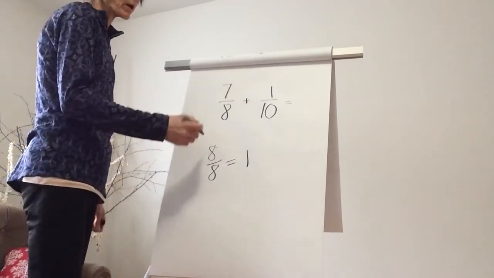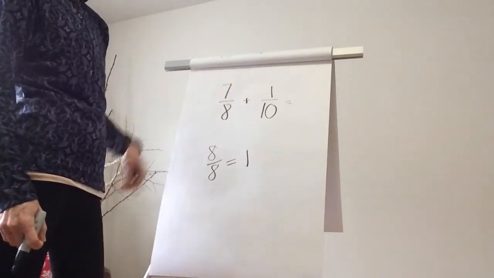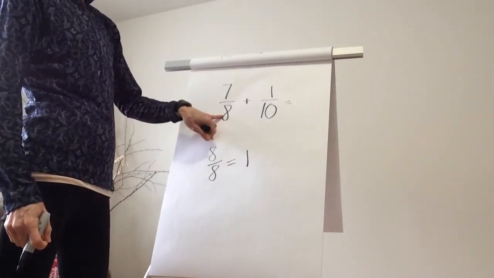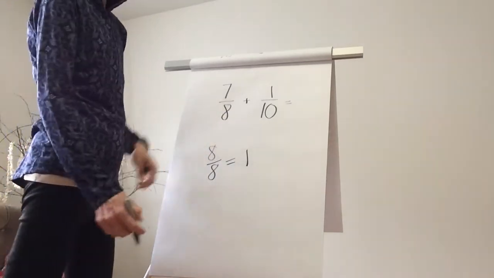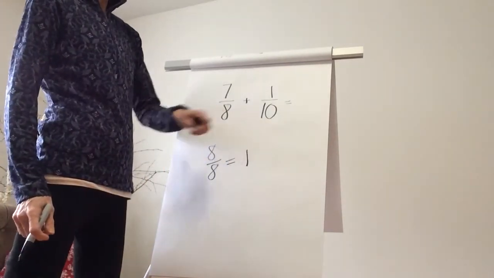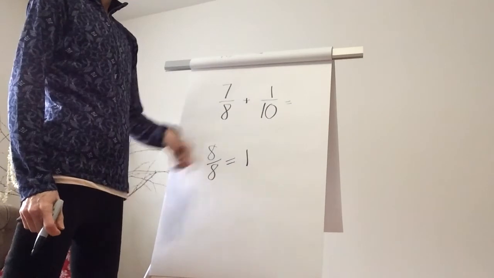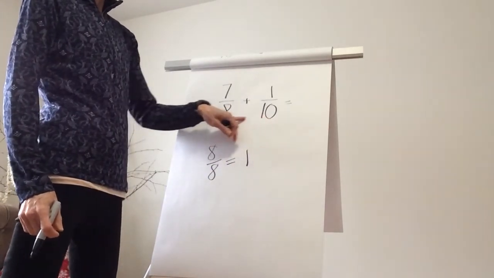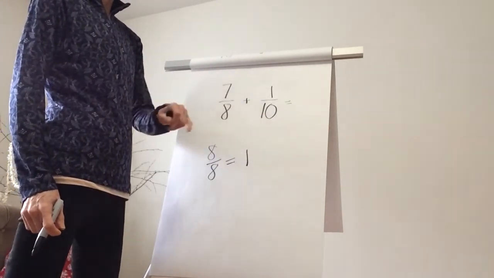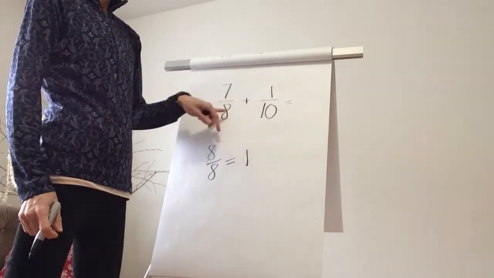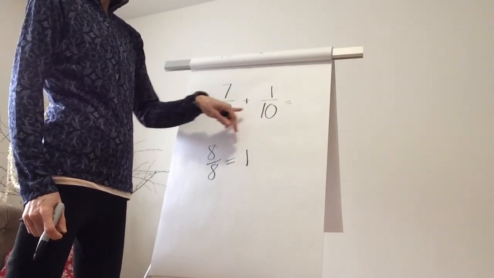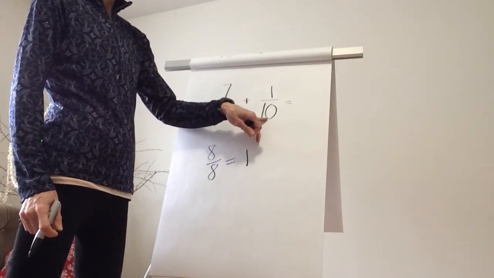We know that from our last lesson in class. So this is only 1/8 away, okay? So 1/8. And 1/8 is larger than 1/10, isn't it? So it's going to be close to 1, but not quite 1, isn't it? Because we know that we need 1/8 to get the 1, and 1/10 is a little bit smaller than 1/8.